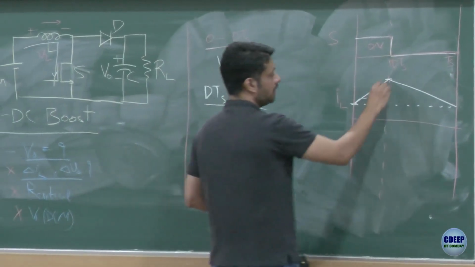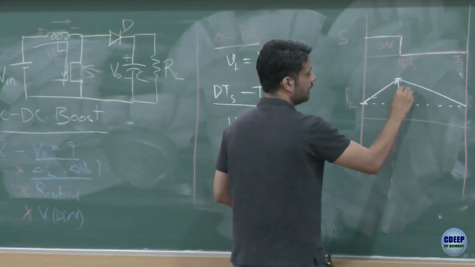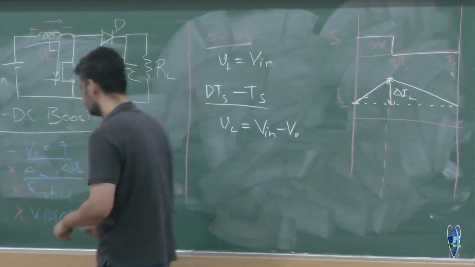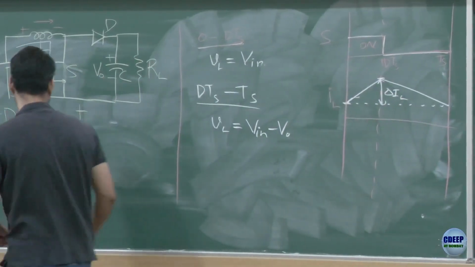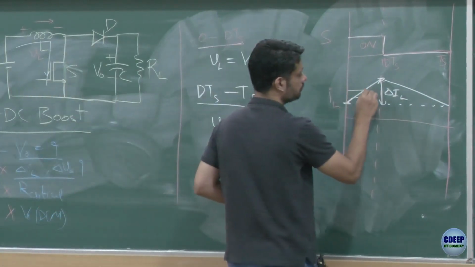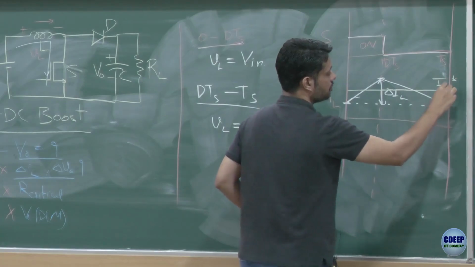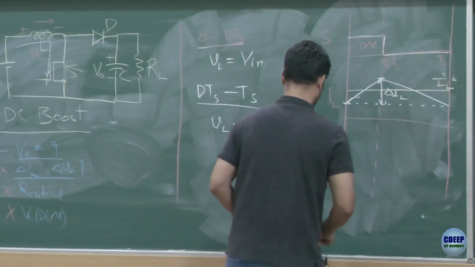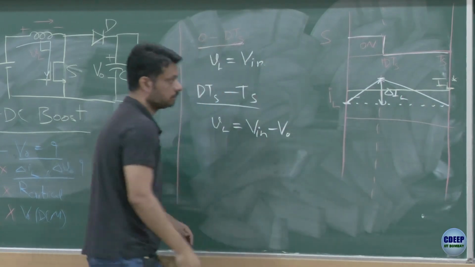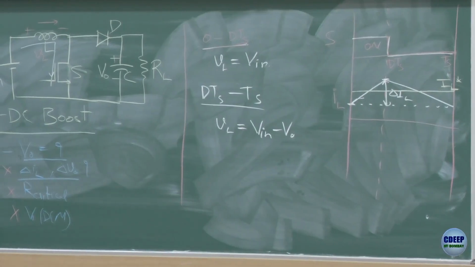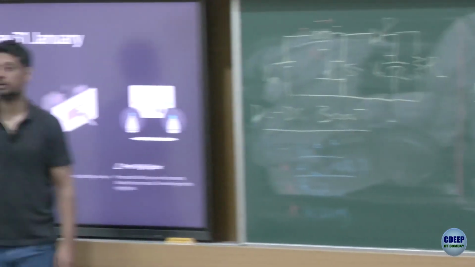This will be your delta IL, and this is your average inductor current. Is that okay? Any doubts so far?